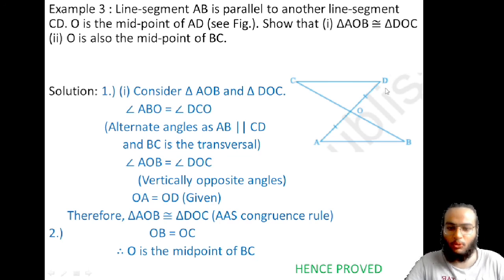OA is equal to OD, given in the question. Therefore, by the AAS congruence rule, triangle AOB is congruent to triangle DOC. Since these two triangles are congruent, OB is equal to OC by the CPCT rule. Therefore, O is the midpoint of BC. Hence proved.